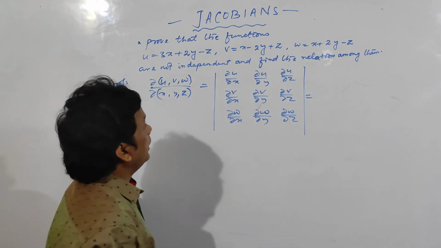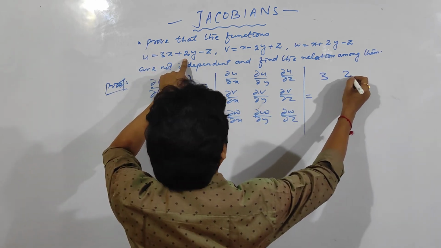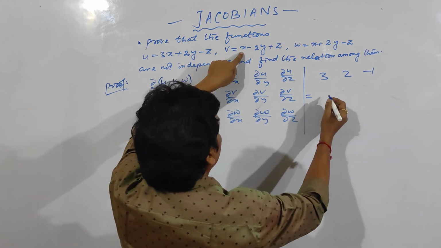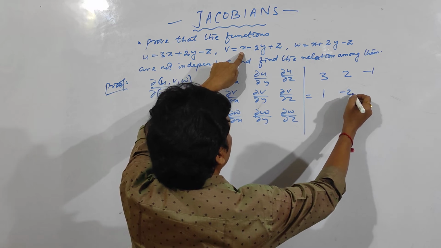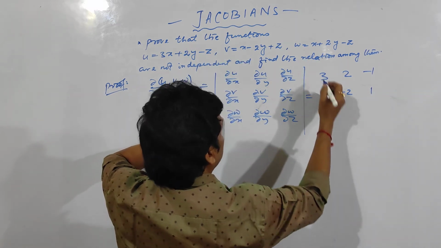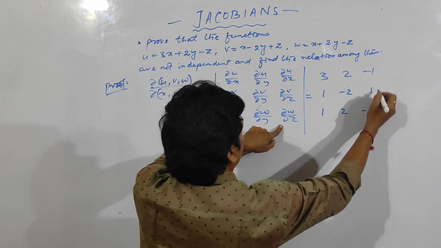Here, del u by del x, what is del u by del x? 3. Del u by del y, it is 2. Del u by del z, it is minus 1. Similarly, del v by del x, it is 1. Del v by del y, it is minus 2. This is 1. Del w by del x, it is 1. Del w by del y, it is 2. Del w by del z, it is minus 1.